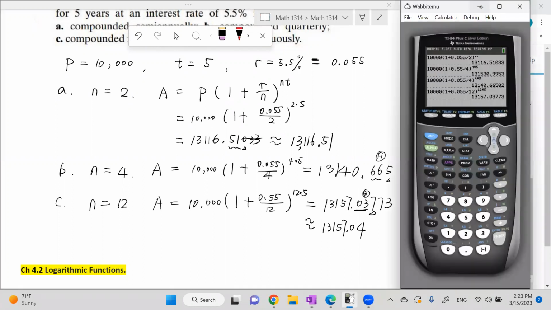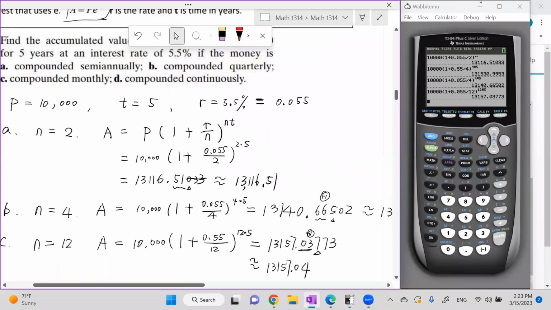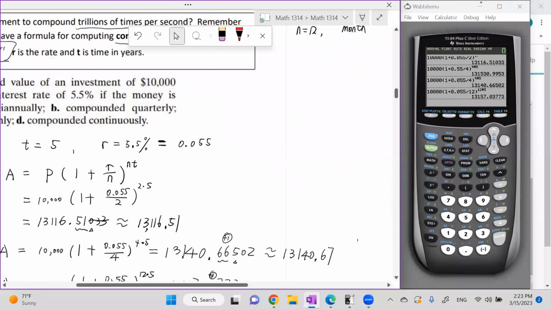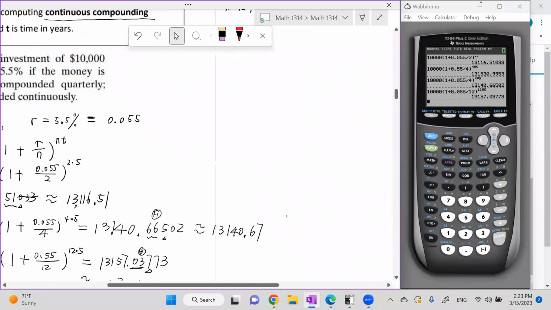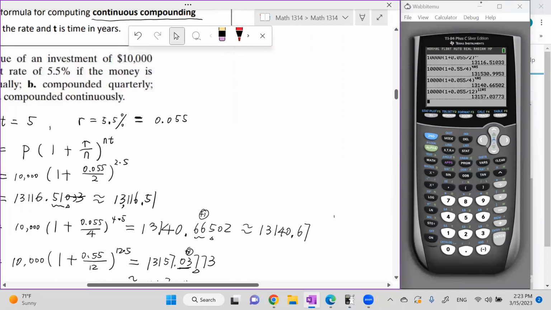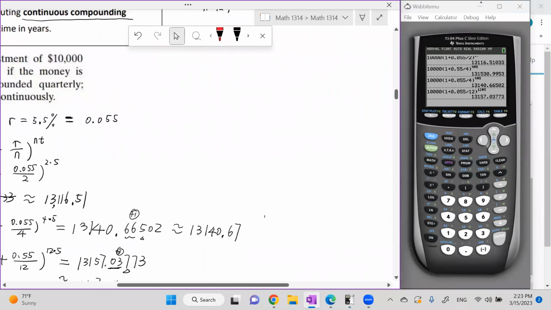So keep the computer here, calculator here. Last question, compound continuously. We are using a different formula. So if we are using a different formula, we have future value, put D here.